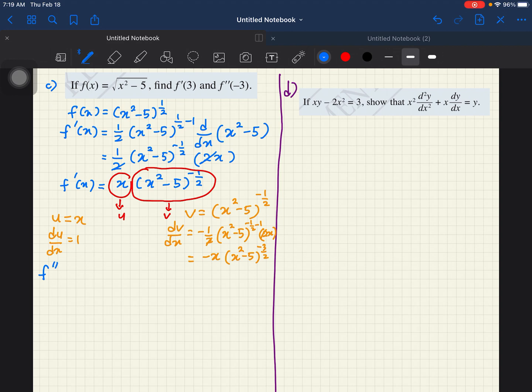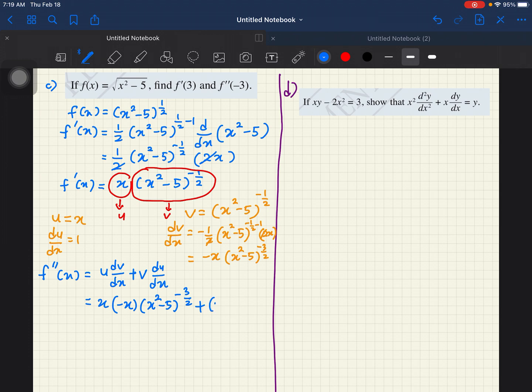So, f double prime x, meaning that second derivative, is u, remember our formula is u dv over dx plus v du over dx. Okay, our u is x, our dv over dx is negative x times with x square minus 5 power negative 3 over 2 plus with v.